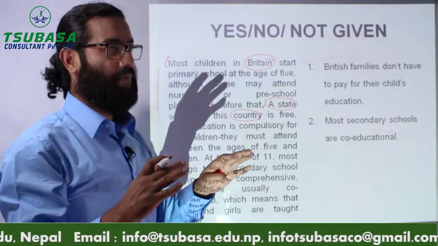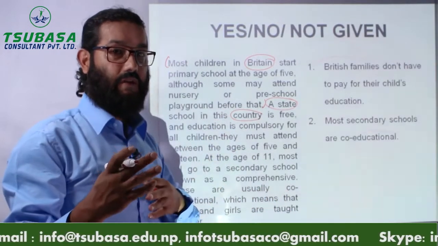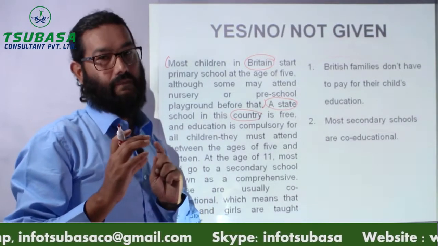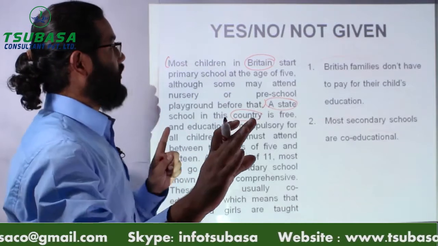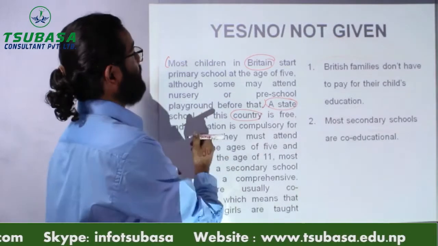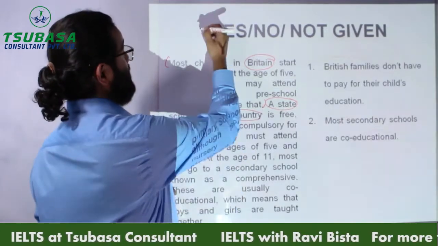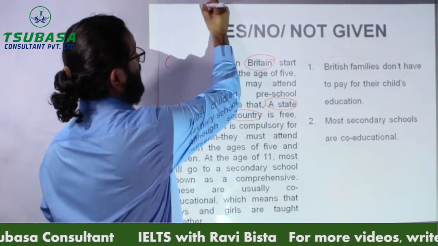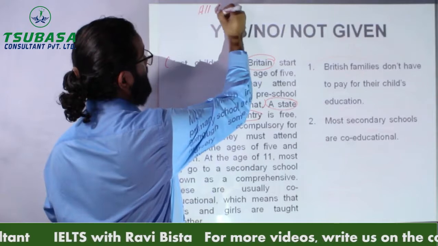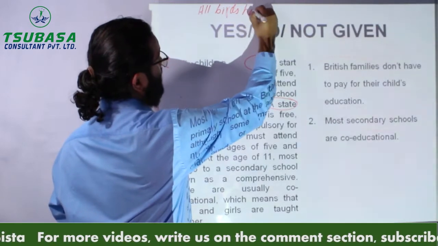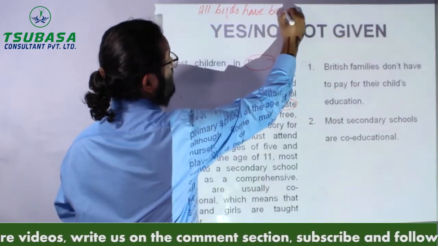So this is pretty much an inference type of question. Inference means not directly mentioned, but you have to deduce the answer. Now, when I say deduce the answer, check this out. When I talk about inference or deduction, say it says here, all birds have beaks.